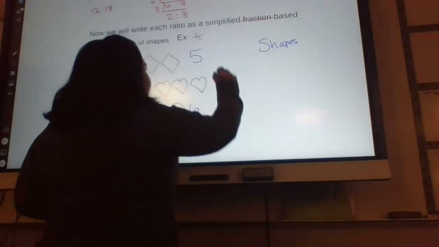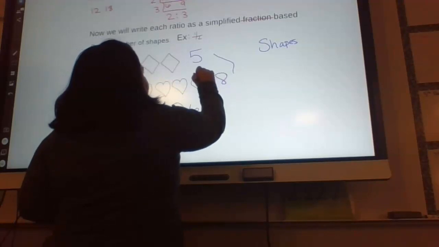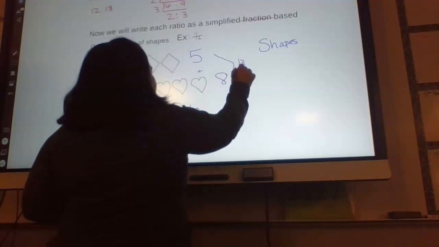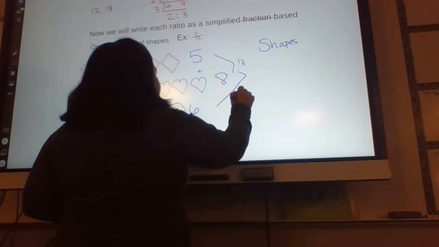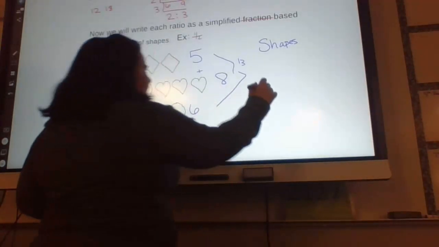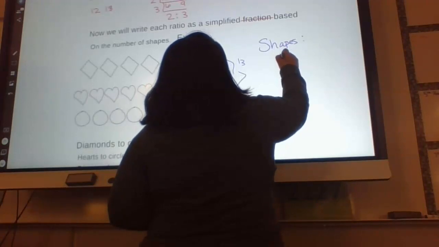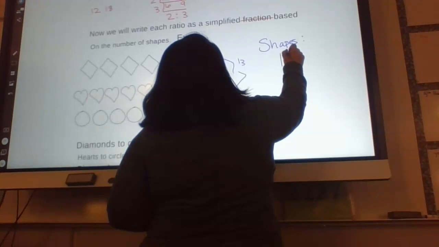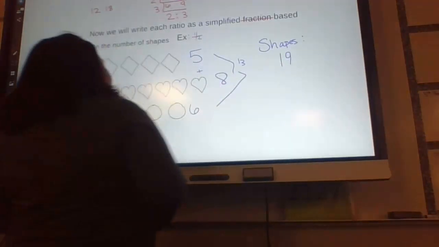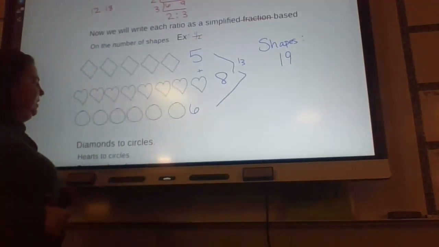So the easier thing to do would be to add them. So 5 plus 8 gives me 13. I add my 13 to 6, and I get, what's 13 plus 6? 19. So I have a total of 19 shapes.